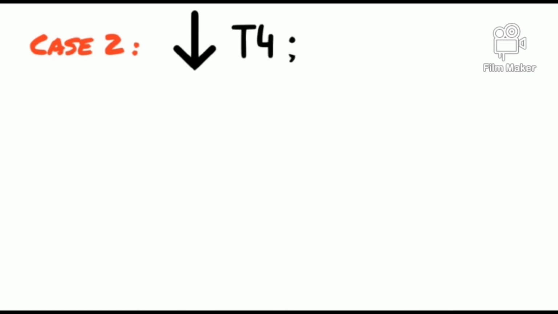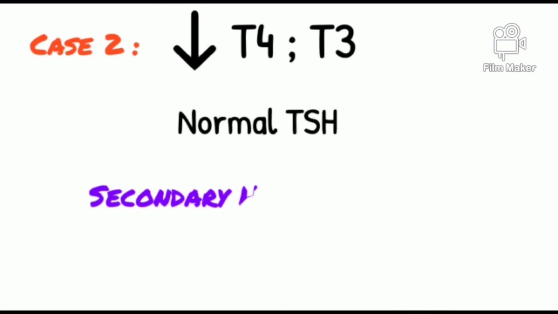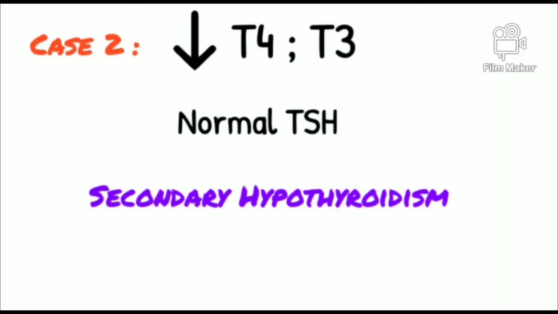Coming to case 2, here T3, T4 levels are reduced, but TSH levels are normal. Whenever the T3, T4 levels are reduced, TSH should be increased. But in this condition, TSH levels are normal.